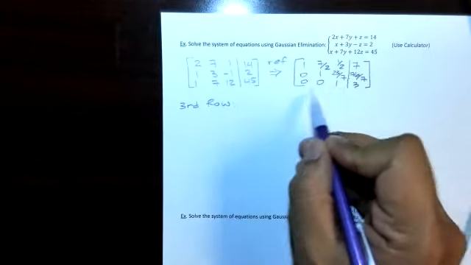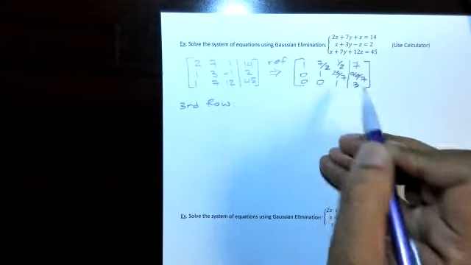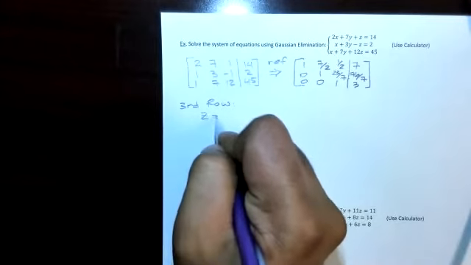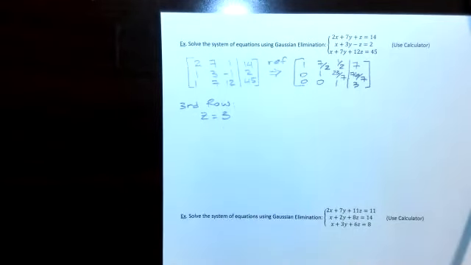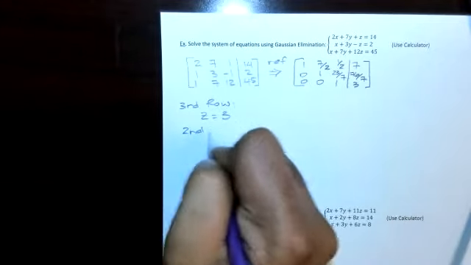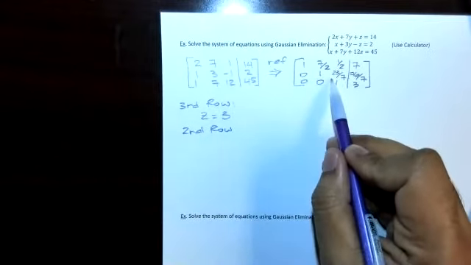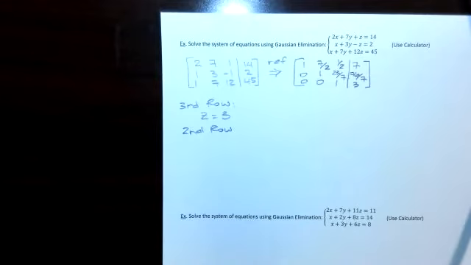So from this last row, my equation would be 1z equals 3, or I can simply say z equals 3. So I know what the value of z is.